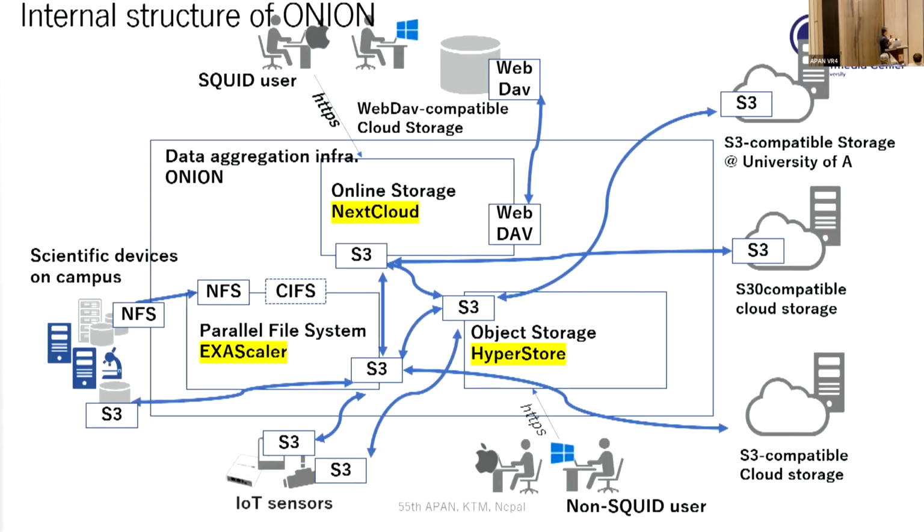This slide shows the internal architecture of our Onion data infrastructure. Basically, the S3 protocol takes a central role.